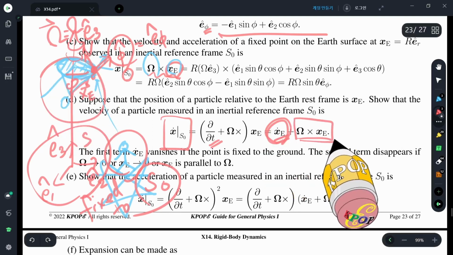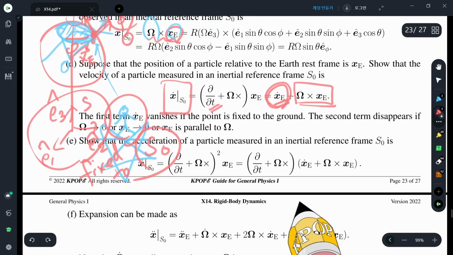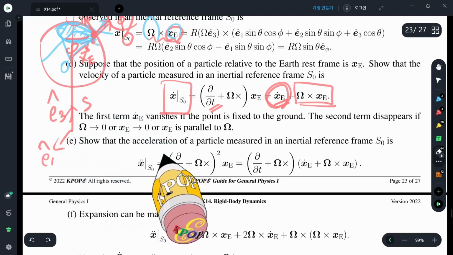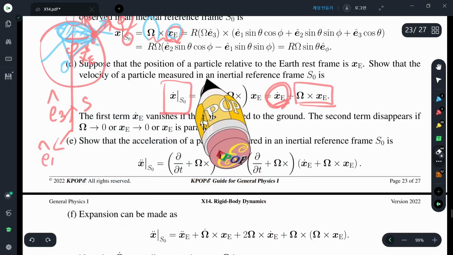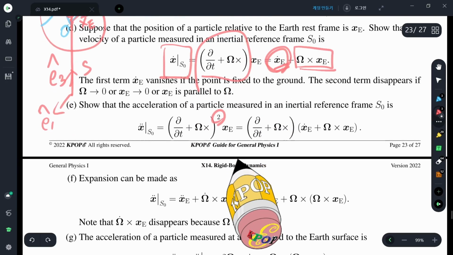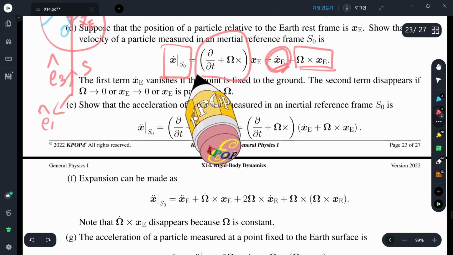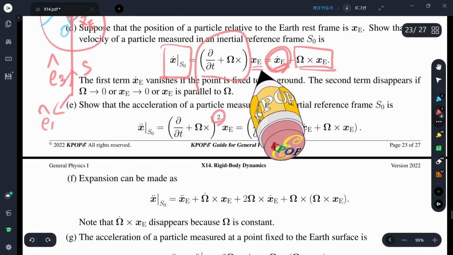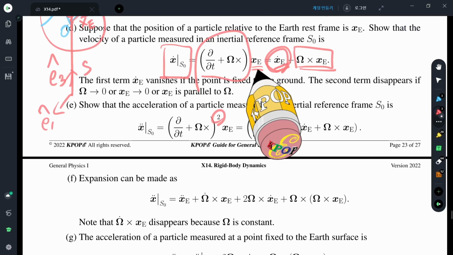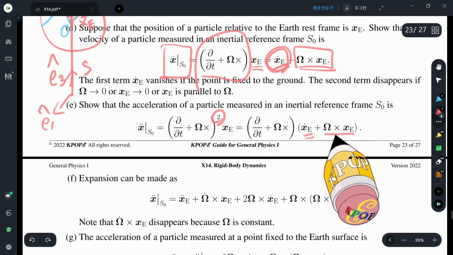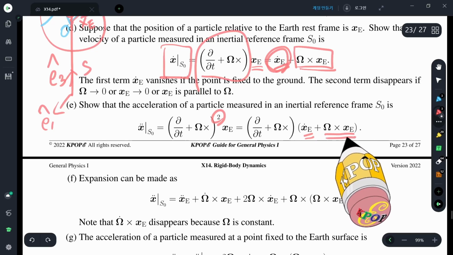So omega cross. In a similar manner, we can compute the acceleration by applying this operator twice. A single operation of this operator on the position vector fixed to the Earth gives the velocity relative to the Earth plus omega cross the position vector of a fixed point on the Earth.